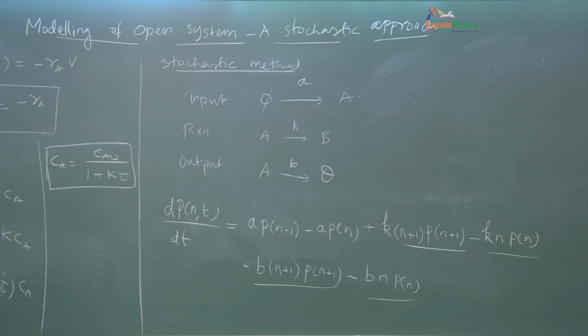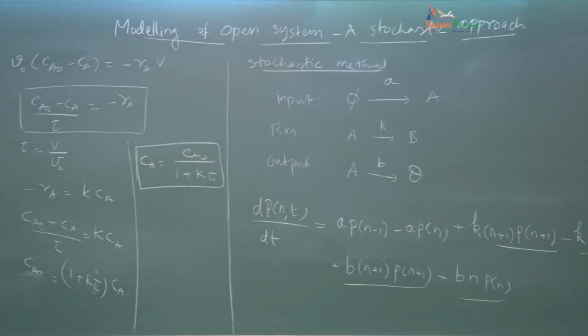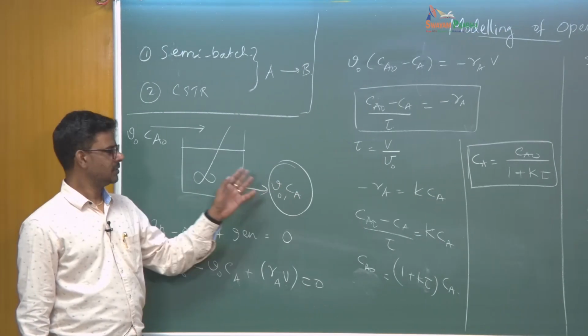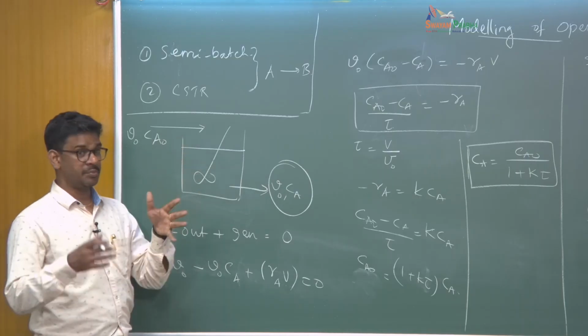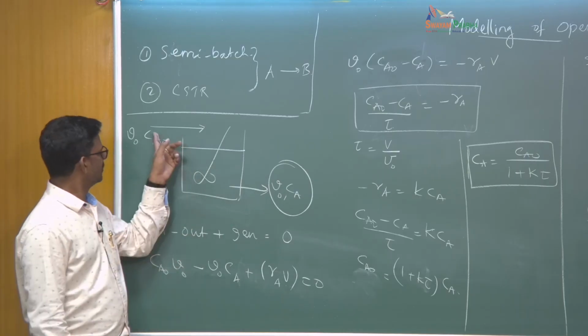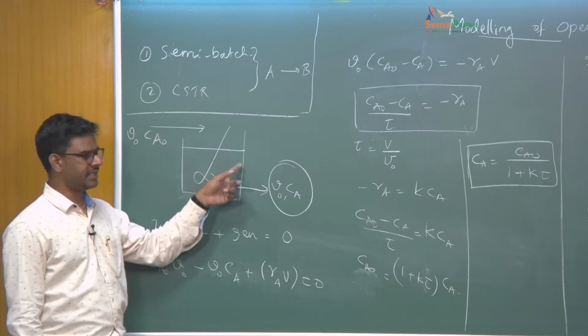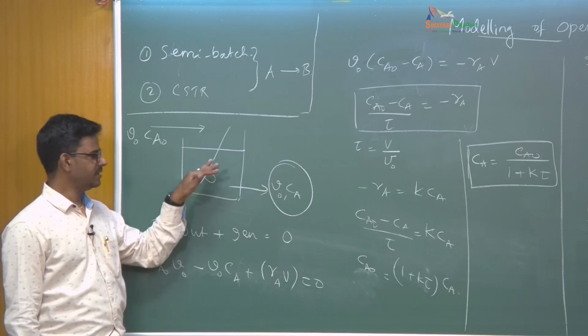Because as I said here, in the mechanics of the CSTR operation, what is there in the reactor is what's coming out, right? In a perfectly well mixed reactor, this will have a particular concentration. The moment it enters, it mixes with the entire container and then reaches another concentration.